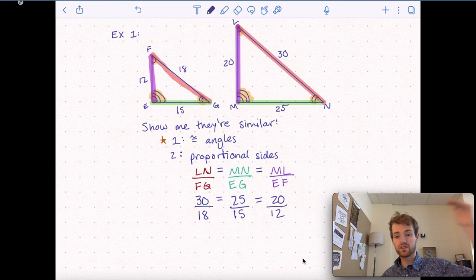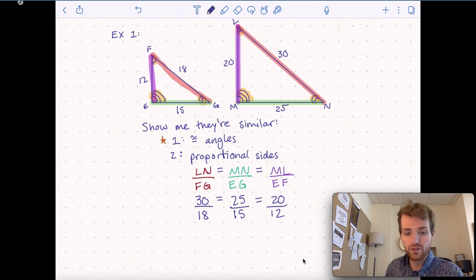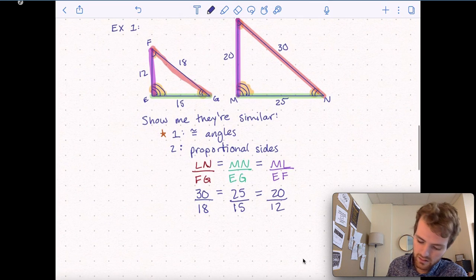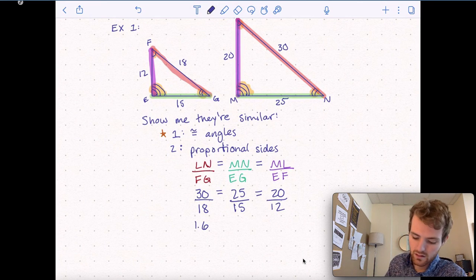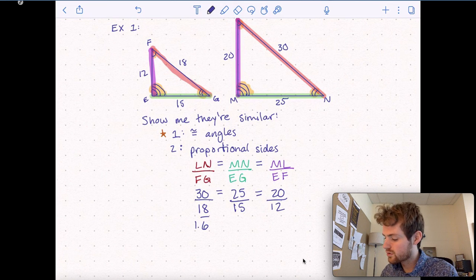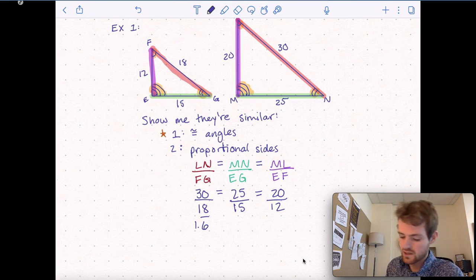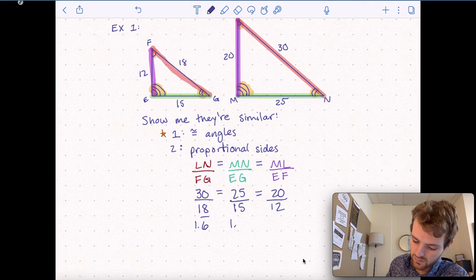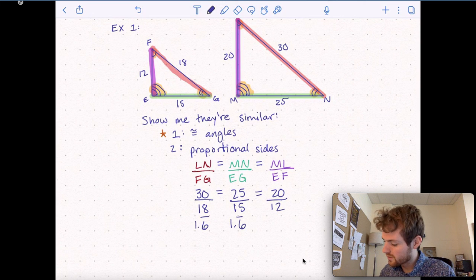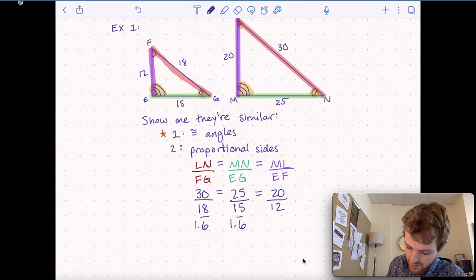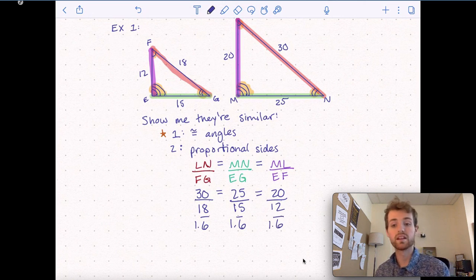If you wanted to reduce the fractions and just leave it as a fraction, that would be okay as well. When I type in 30 divided by 18, I get 1.6 repeating. I'll just write it that way. When I type in 25 divided by 15, I also get 1.6 repeating. When I do 20 divided by 12, I also get 1.6 repeating.